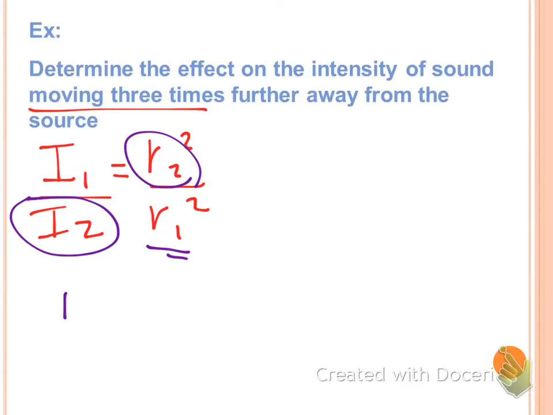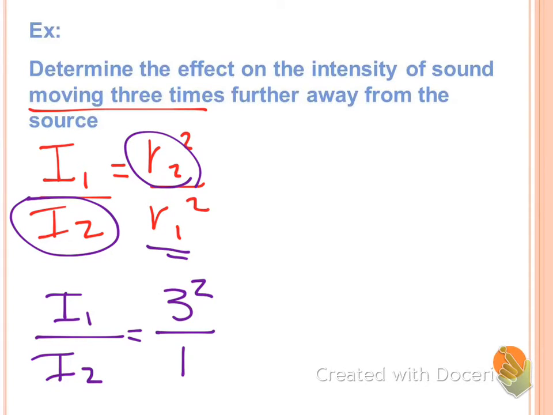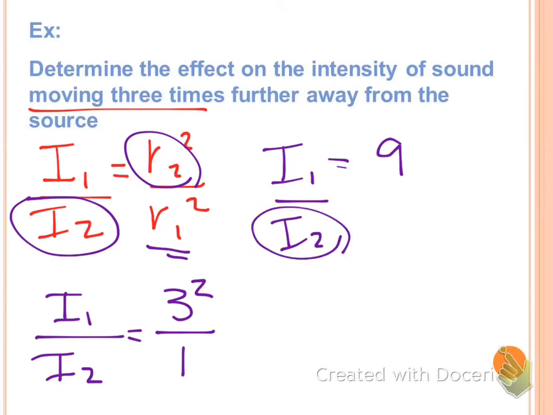So let's set it back up. We'd say I1 over I2 equals 3 squared over 1. Does that part make sense? So we're saying I1 over I2 is equal to 9. If I want to solve for I2, what should I do here? Switch those 2 places.